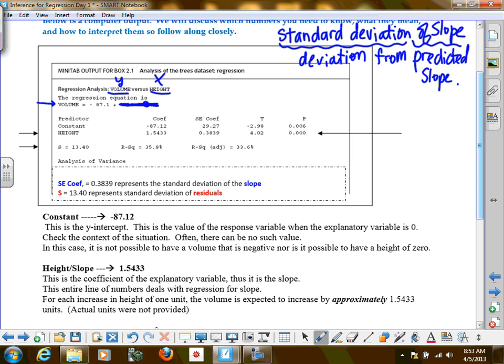Let's talk about the plausibility of that. It is saying that when the tree is 0 units tall, the volume of the tree is negative 87.1 units. Is that plausible? Why not? You cannot have a negative volume.